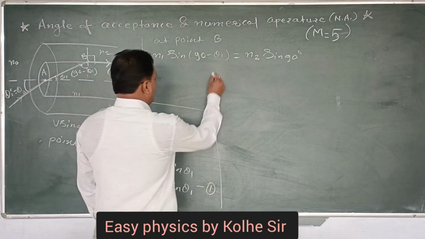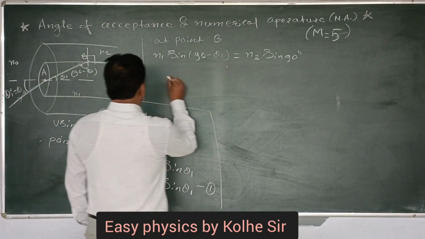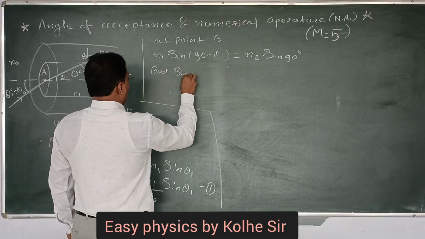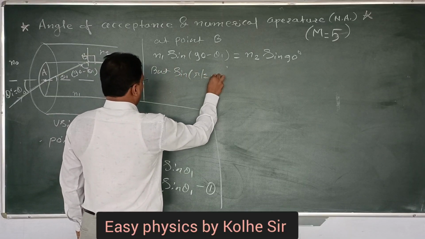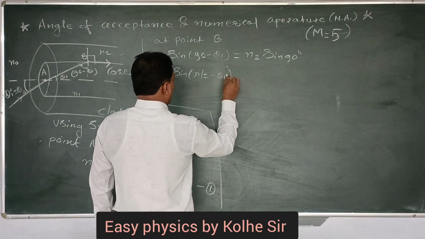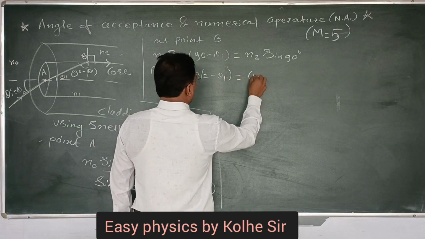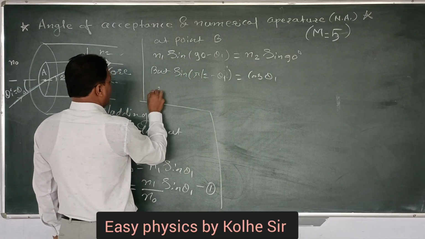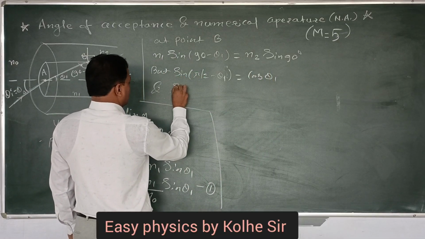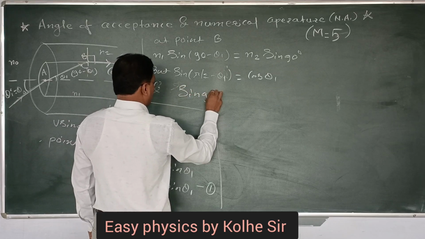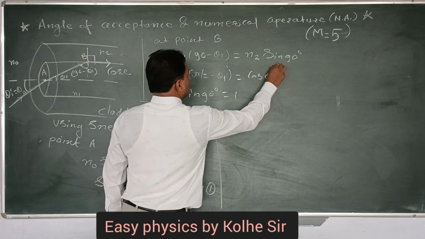Now dear friend, sine of pi by 2 minus theta 1 is equal to cos of theta 1 and sine of 90 degree is equal to 1.